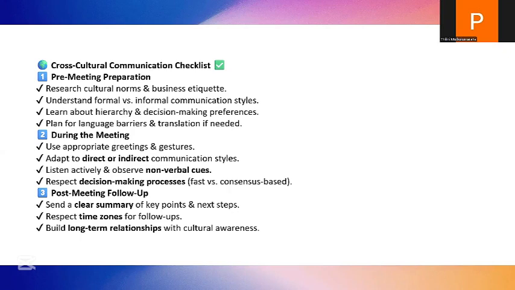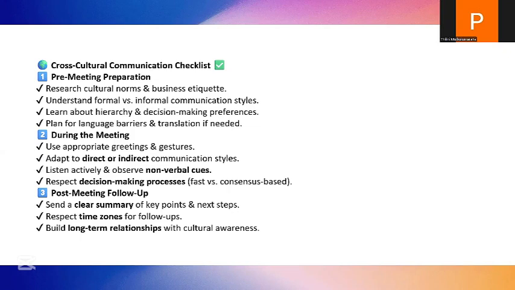And in the second phase, during the meeting also, you have to use the appropriate greetings and gestures. That's a must. And also, as a second step, you can adapt to direct and indirect communication styles. Third, while you're doing the meeting, you have to listen actively and also observe the nonverbal cues and respect decision-making processes, fast versus consensus base.